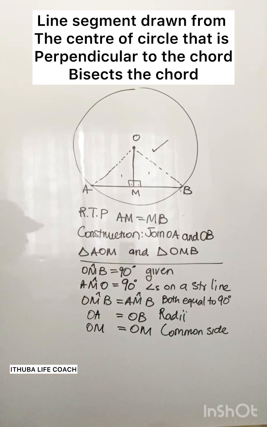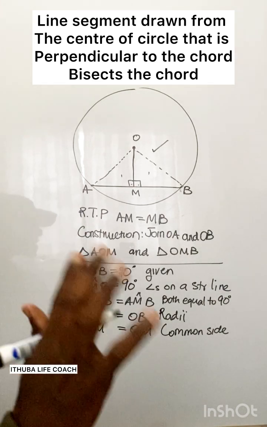Now I don't know if you know a scripture in Numbers that says if you have 3 witnesses witnessing a crime, that person is guilty. It said if 3 witnesses were giving a witness to a crime, the person would be guilty, guys. Meaning, in order for you to conclude a theorem, you have to have 3 reasons.